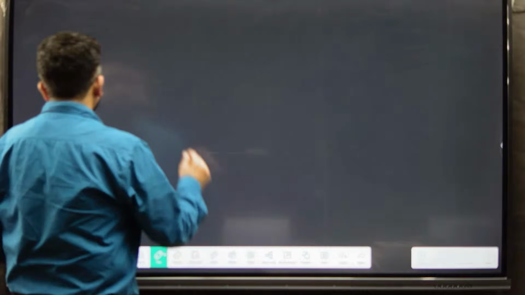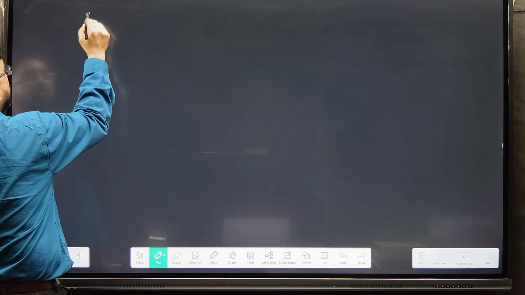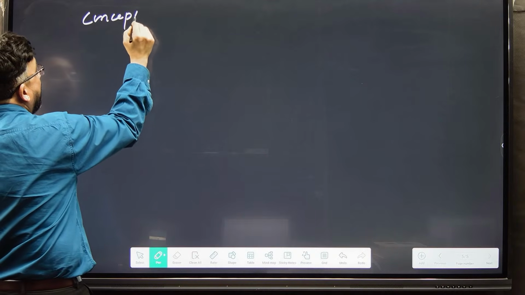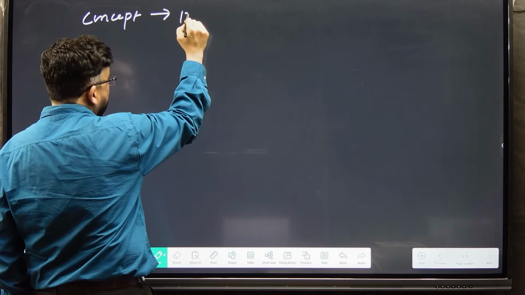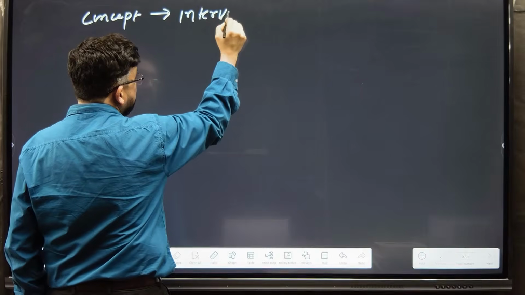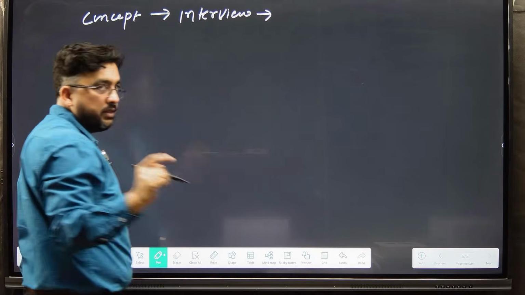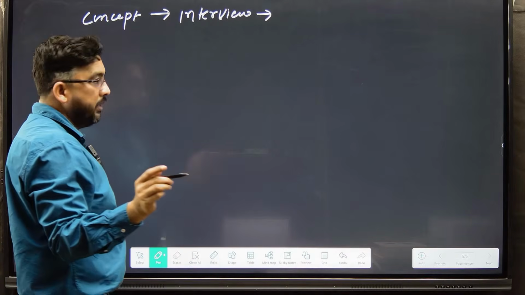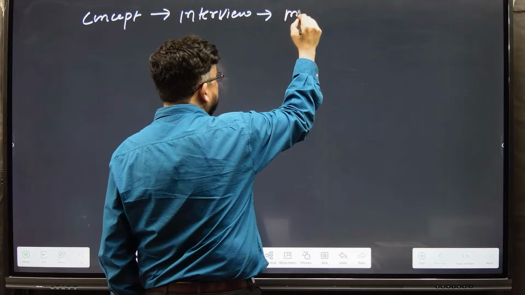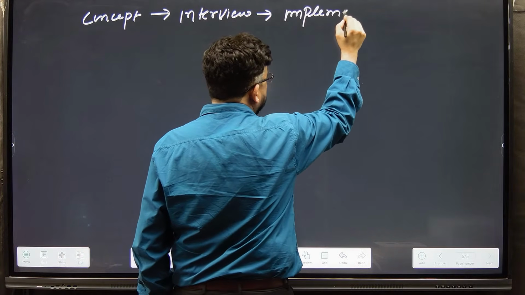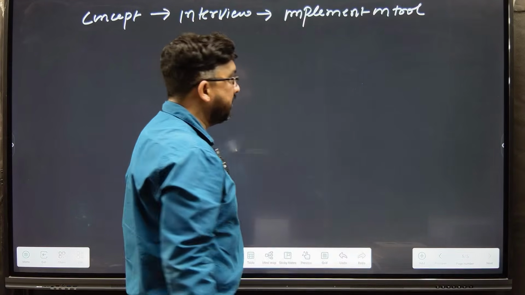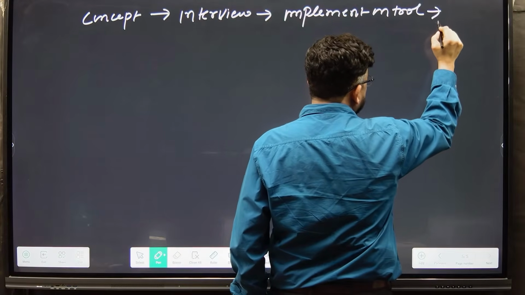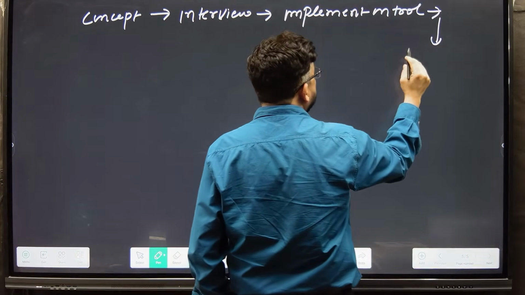So how am I going to proceed here? I will first take the concept of each and every component. Then we will take some interview questions on each and every concept, because this is also required. Then we are going to implement on the tool, right? And then we are going to check our verification.